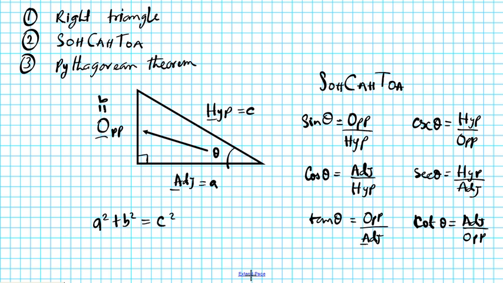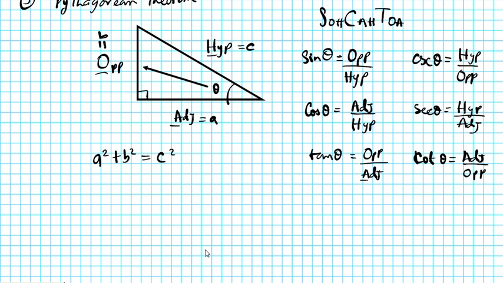Now, with that in mind, I'm going to make an interesting substitution. Since the legs are A and B, I can also use O and A for the legs. And since the hypotenuse is C, I can also use H. So using SOHCAHTOA, or O, H and A, I can write the Pythagorean theorem as a squared plus o squared equals h squared.